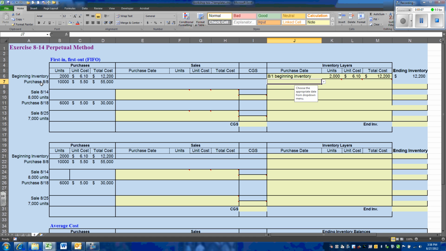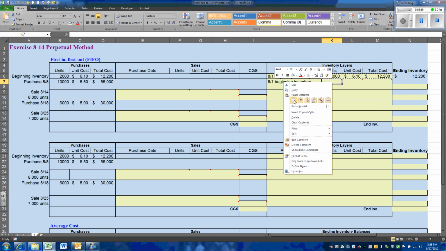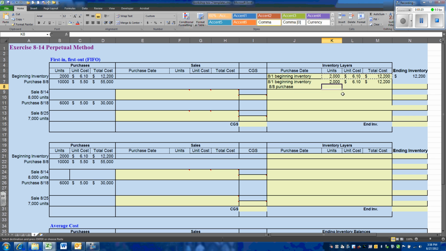Our next inventory transaction is a purchase on August 8th. So our inventory layer will have our beginning inventory, plus the August 8th purchase. So we have 10,000 units at $5.50 each.